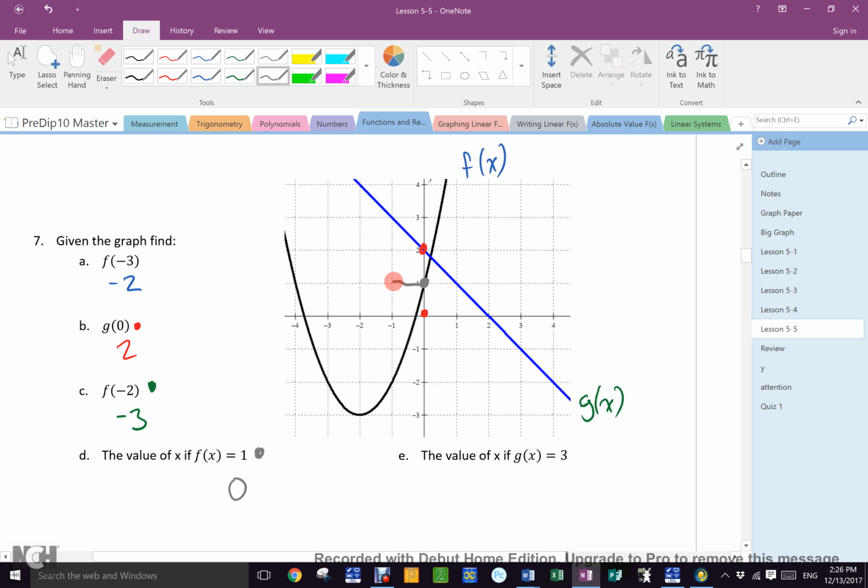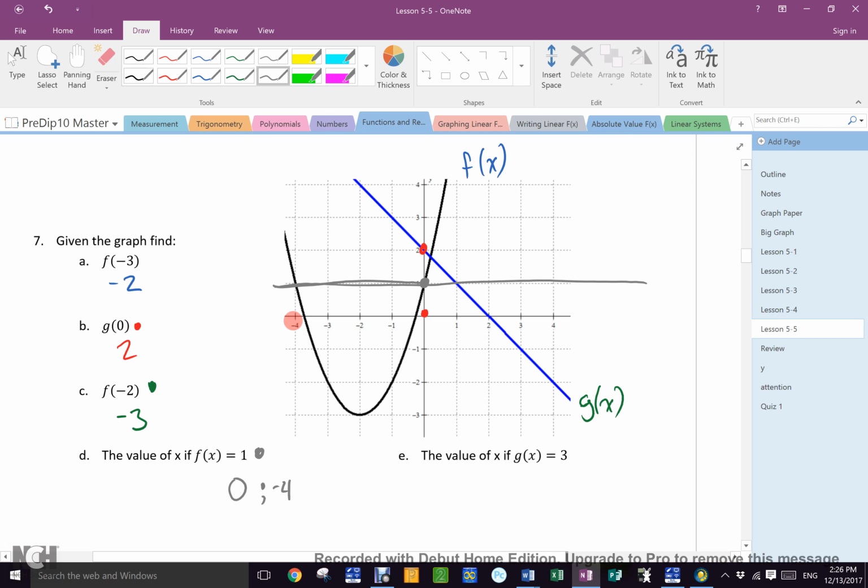0. But also negative 4. Does everybody see that? Because the output of 1 hits the line twice. I'm looking for the x values, 0 and negative 4.